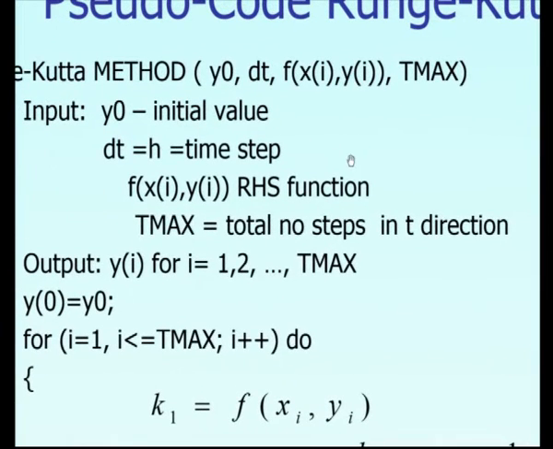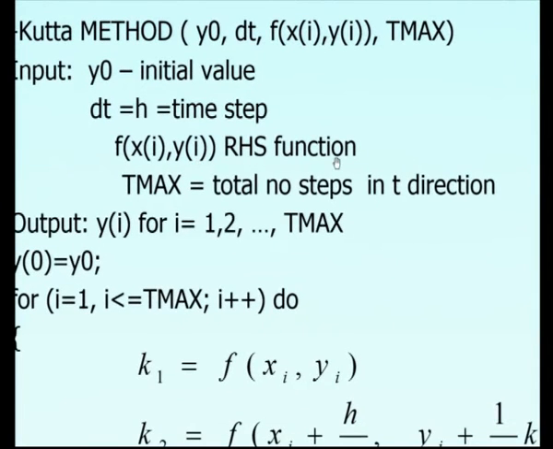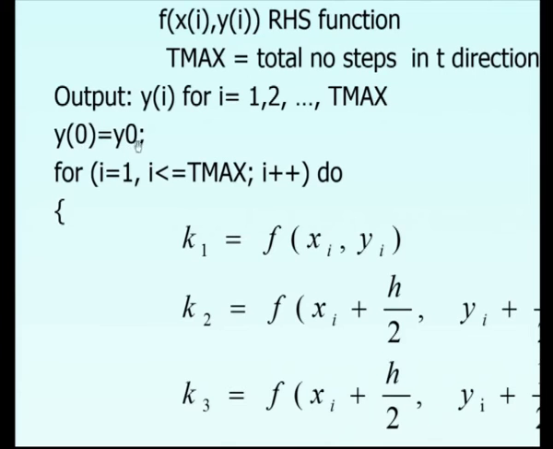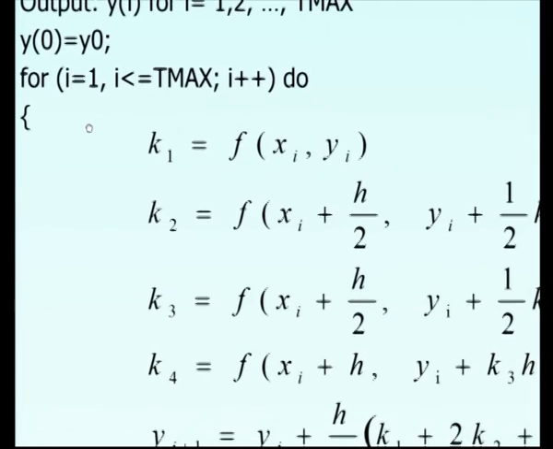So, I will once again explain the input. y0 is the initial value, dt is equal to h, the time step, f of x_i, y_i is the right hand side function, and T max is the total number of steps in t direction. The output is the y value at x_i for every i from 1 to T max. Initially I will assign y0 as the initial value, and this is the code.